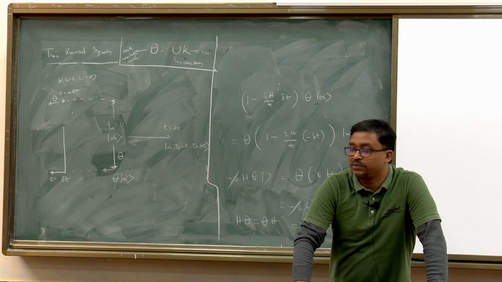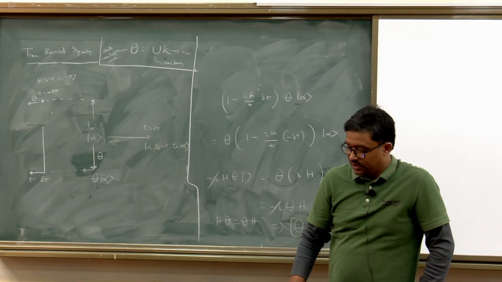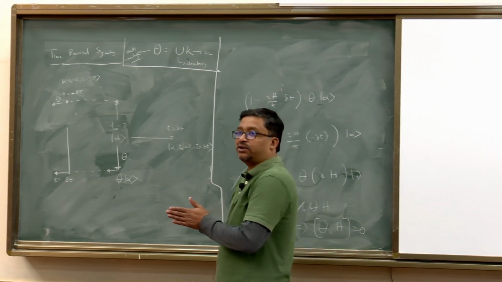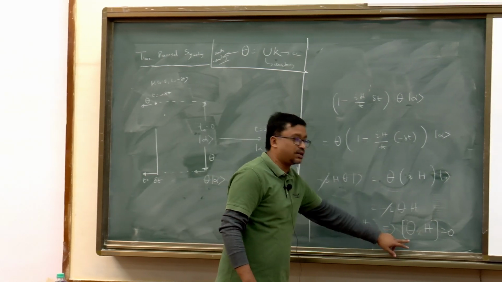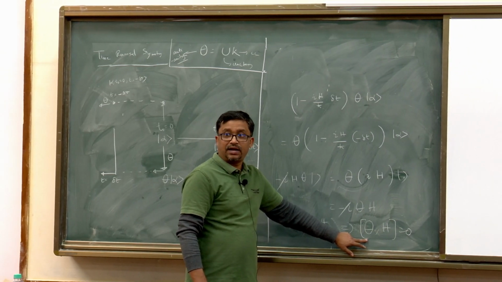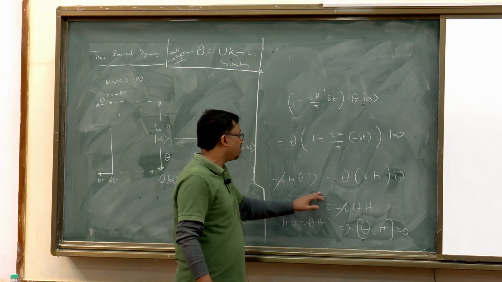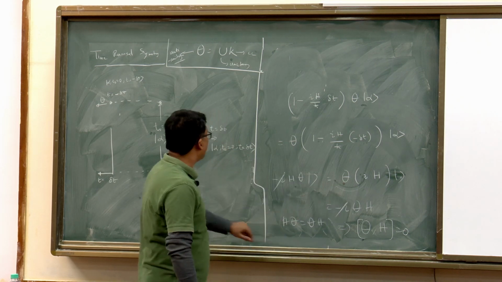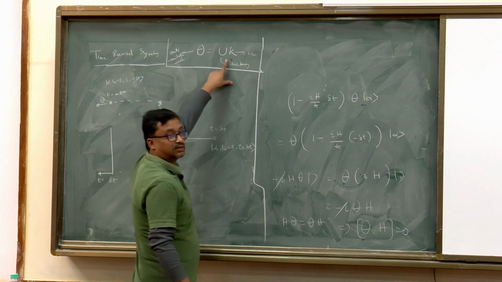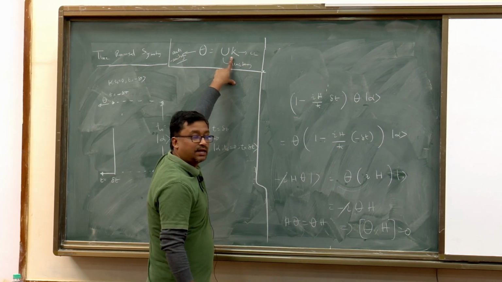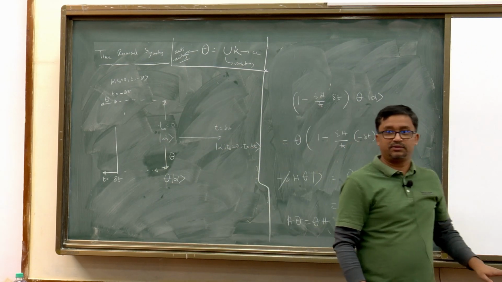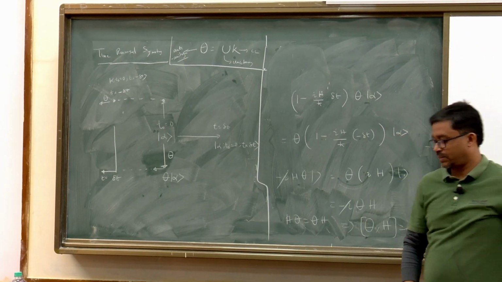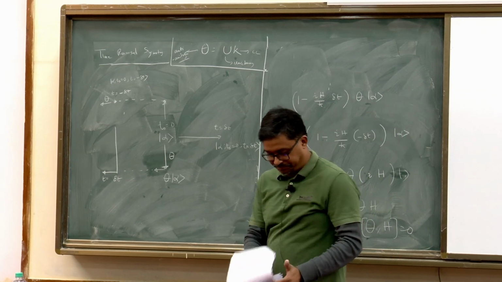And here, since we are saying that our Hamiltonian is invariant under time reversal, it should commute with the time reversal operator. And the condition for it to commute is that it has to have some kind of complex conjugation. That is where it comes in handy. Otherwise, this relation will not hold.